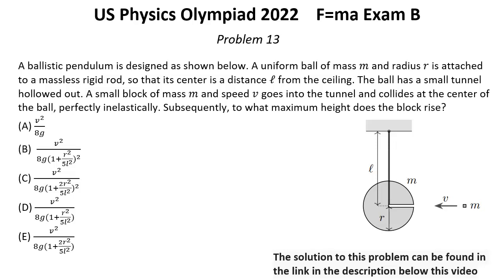First, let's use angular momentum conservation, because during this collision the angular momentum is not changing, and we can write an equation: the initial angular momentum for this small mass m equals mvL, and it goes to the angular momentum for the whole system rotating around the ceiling point, which is Iω. I is the moment of inertia of the whole system, this pendulum plus this mass, and ω is the angular speed.